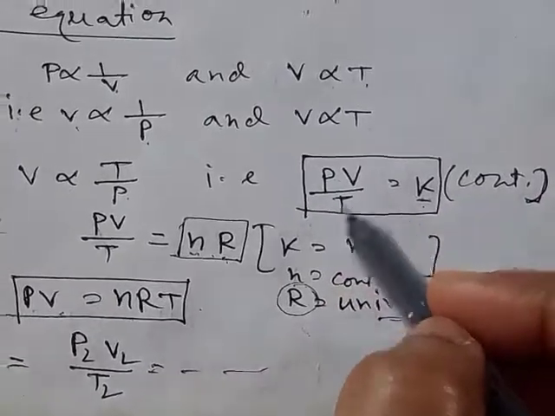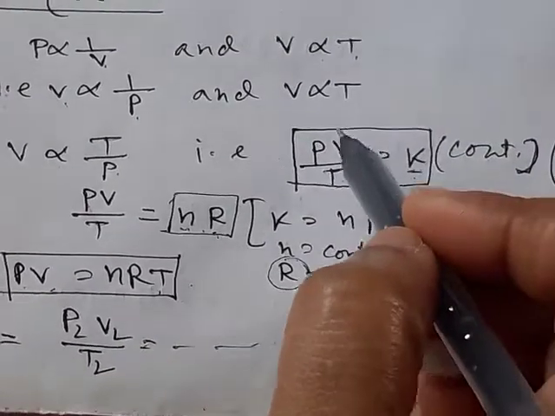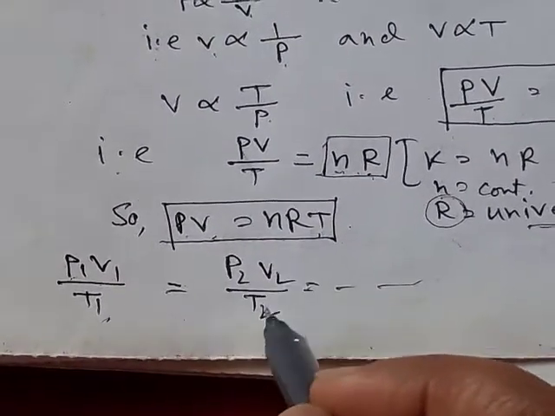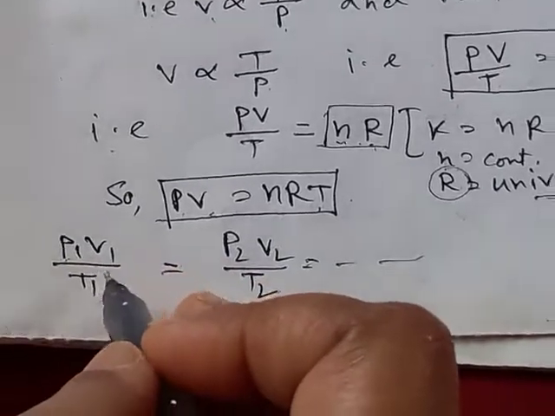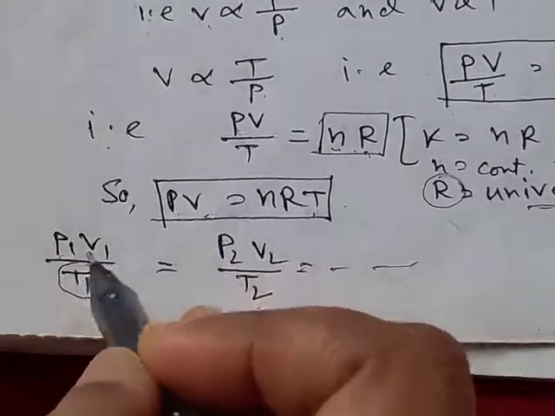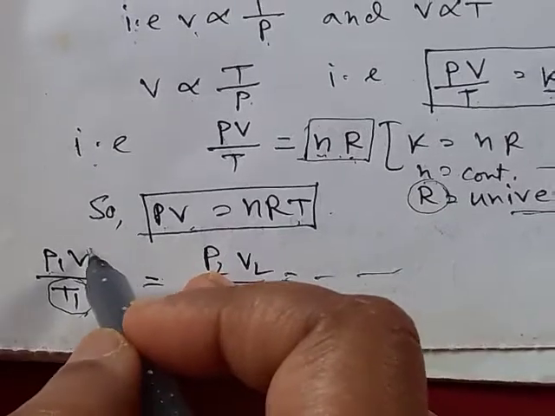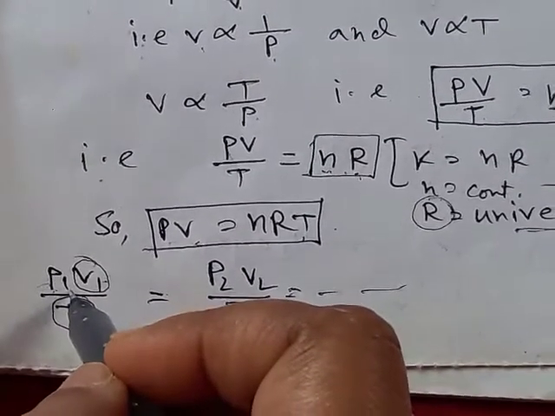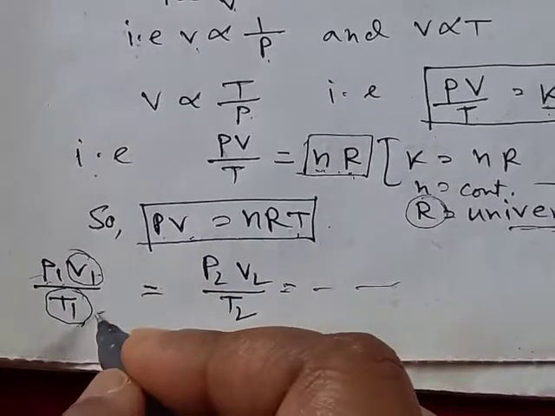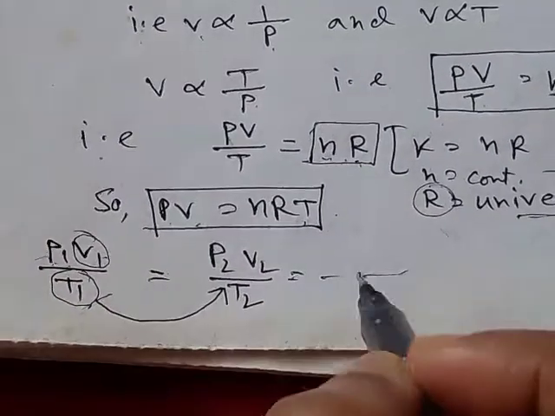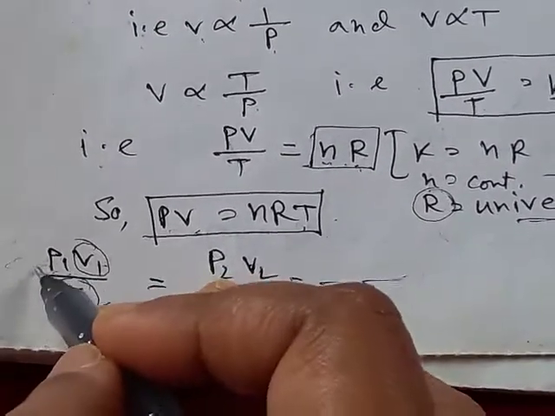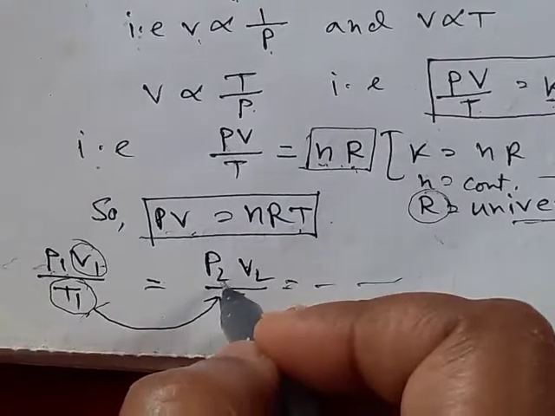This is the gas equation, as here PV by T is constant. So we can write P1 V1 by T1 is equal to P2 V2 by T2 and so on. That means at temperature T1, if the volume of a given quantity of gas is V1 and pressure is P1, then if we change the temperature from T1 to T2, the volume will also change from V1 to V2 and pressure will change from P1 to P2.